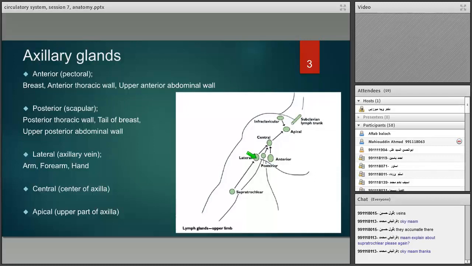So it is so important to explore the way that the lymph is coming from in cancerous conditions.